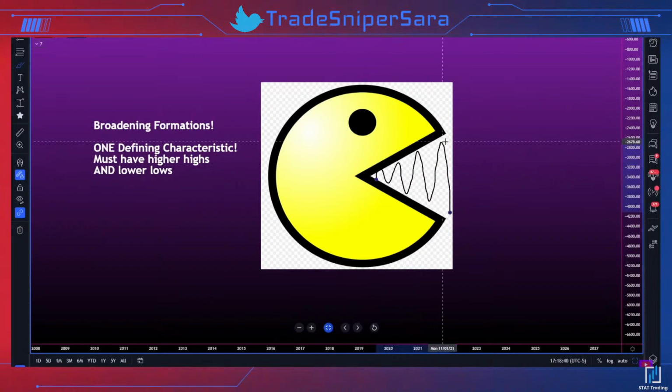If you just start here, this high is higher than this high, which is higher than this high, and so on. And then this low is lower than this low, and this low is lower than this low, and so on and so forth. So all we are doing when we are looking for these is identifying this characteristic, higher highs and lower lows.